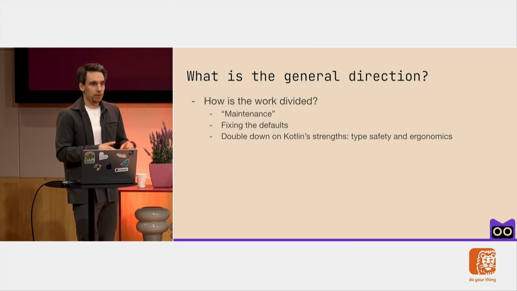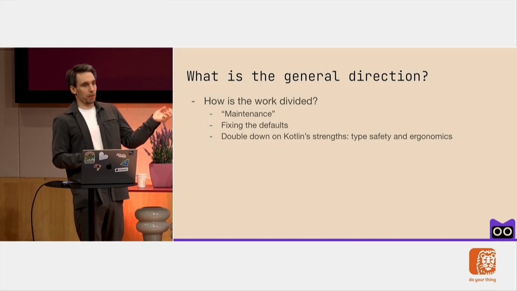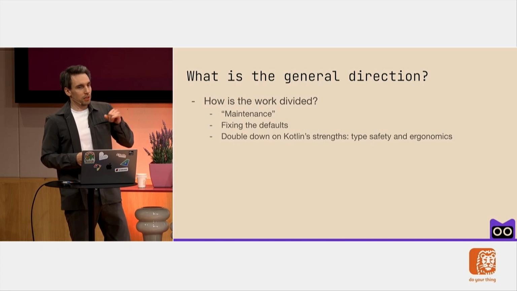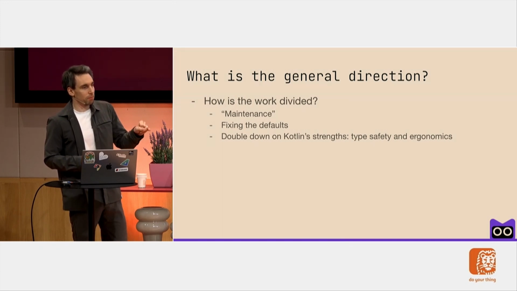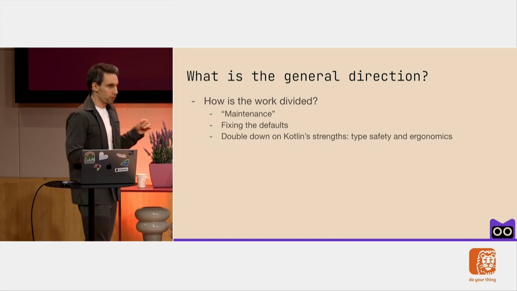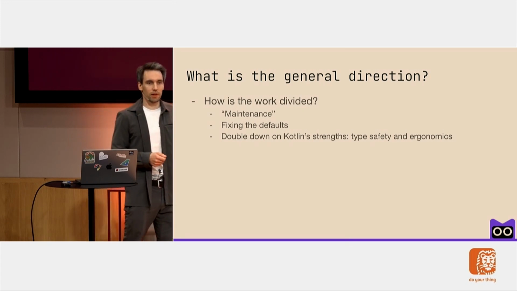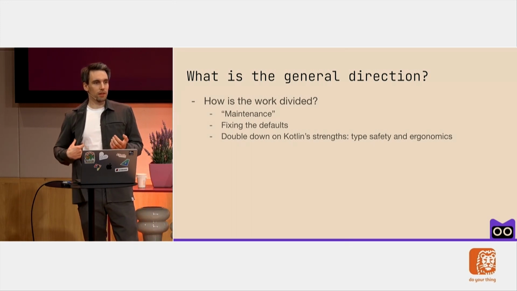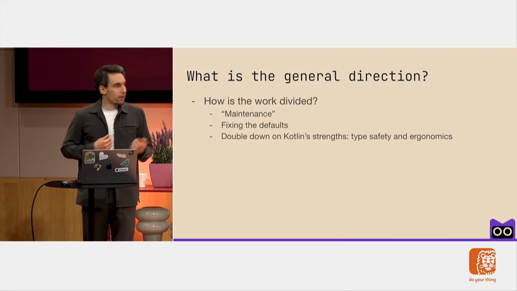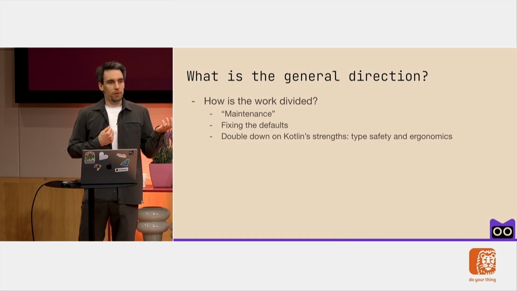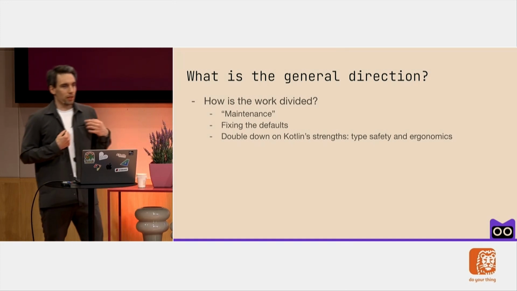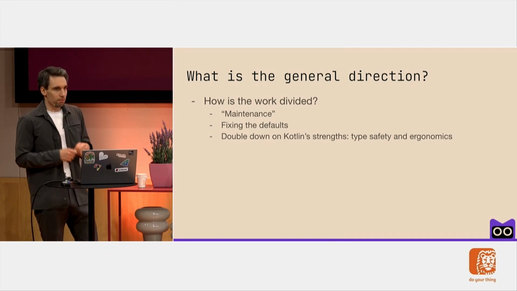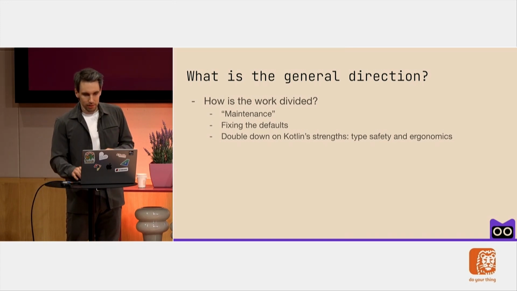For instance, the feature context parameters is a natural extension for extension methods, because now you can have not one extension receiver, but more, and in a more convenient way. And the same about nullability and the feature like rich errors, which I will talk about a little bit later.